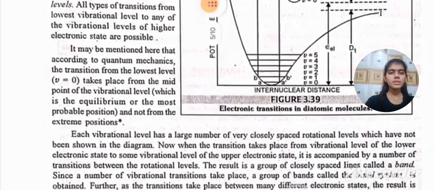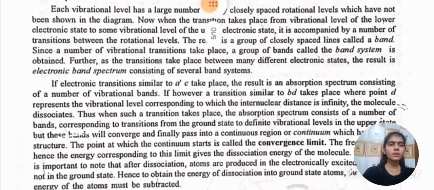Since a number of vibrational transitions take place, a group of bands, called a band system, is obtained. Further, as the transitions take place between many different electronic states, the result is an electronic band spectrum consisting of several band systems.